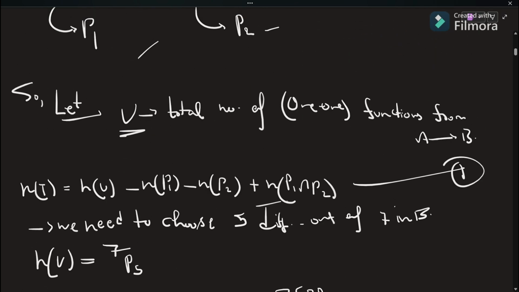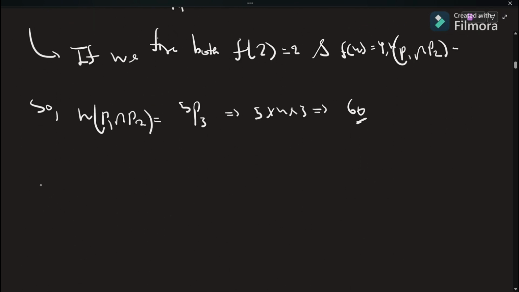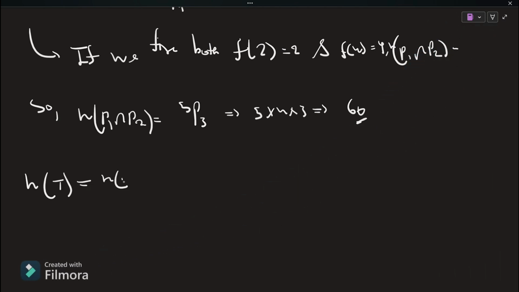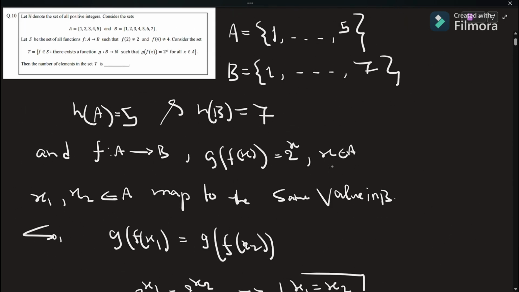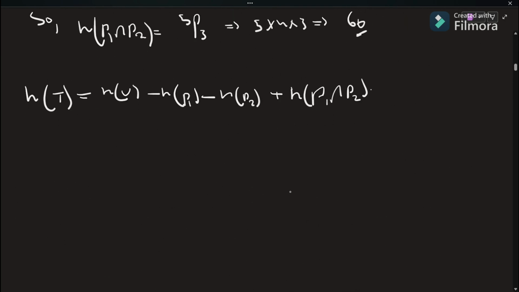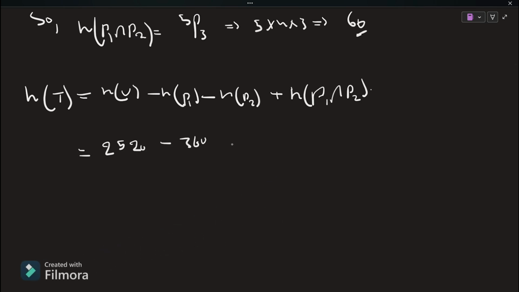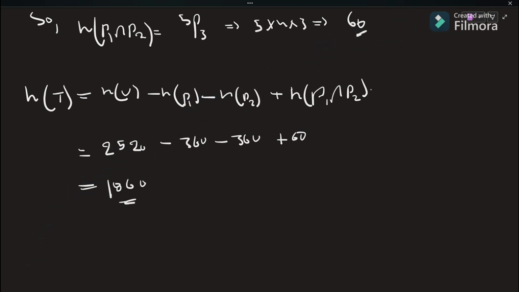Now from equation number first, we want to solve n of t, which equals n of u minus n of p1 minus n of p2 plus n of p1 intersection p2. So n of t will be 2520 minus 360 minus 360 plus 60. So we will get 1860 as the answer of this question.